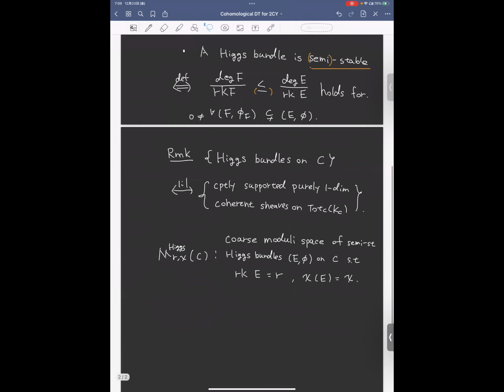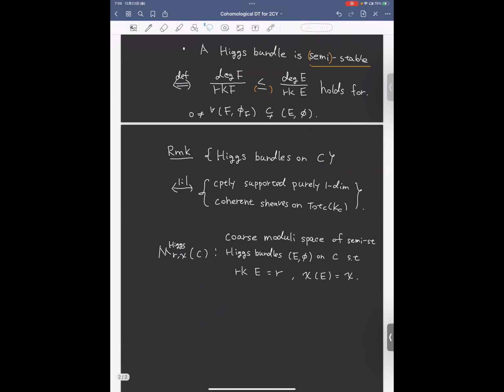Okay, and here is the simplest example of the moduli space of Higgs bundles.